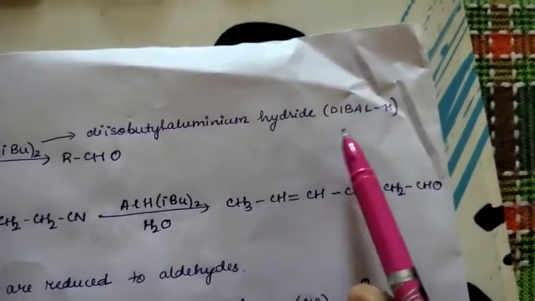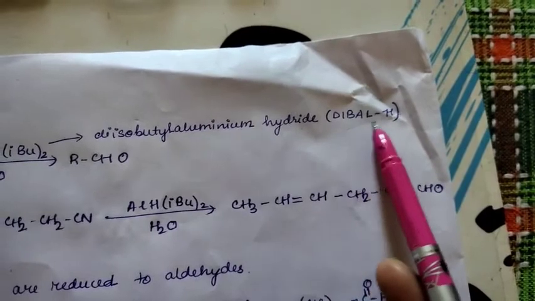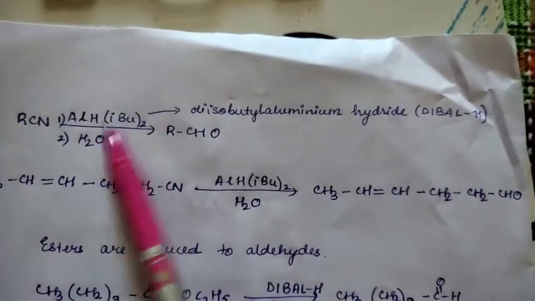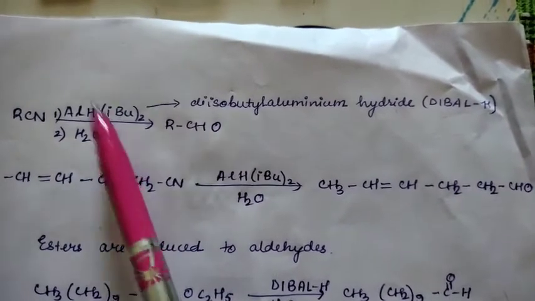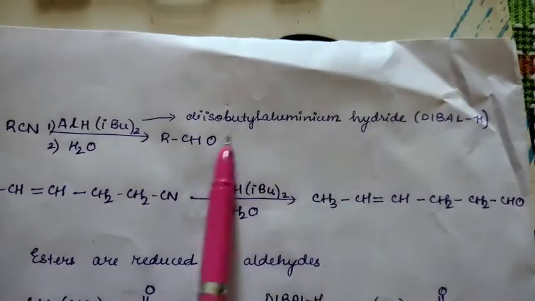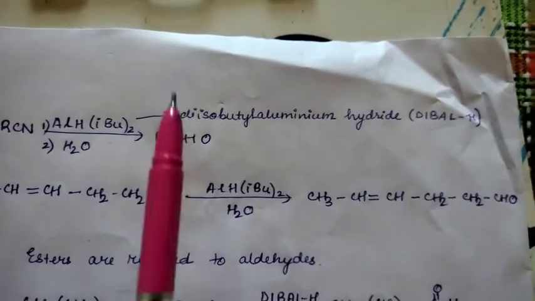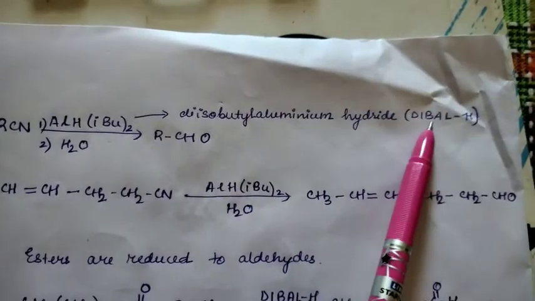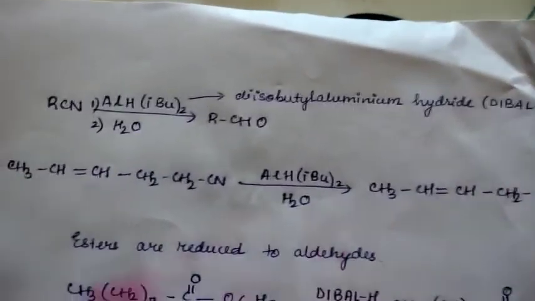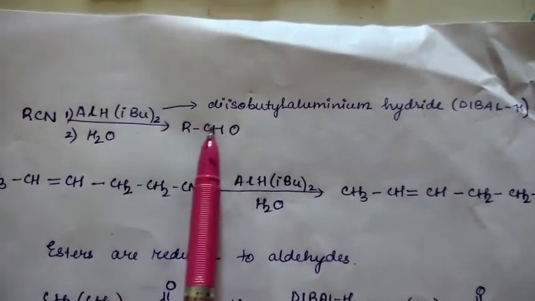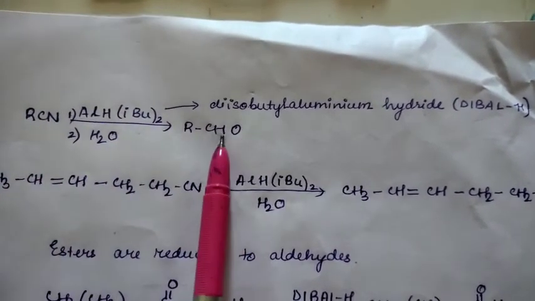I prefer using this name in the examination, so that you don't complicate it by writing the structure. Remember the name diisobutyl aluminum hydride, and in short you can write DIBAL-H. After that, hydrolysis is done, and then CN is converted to CHO.